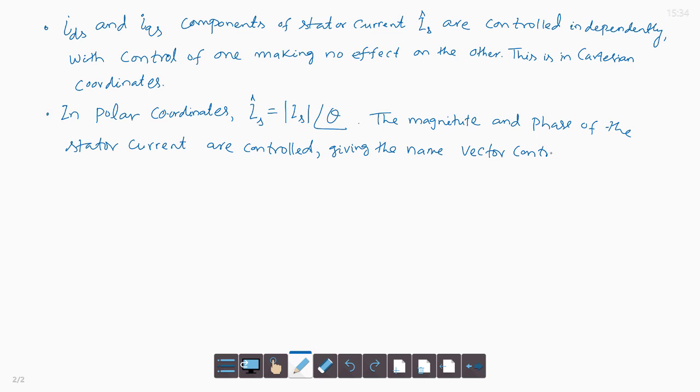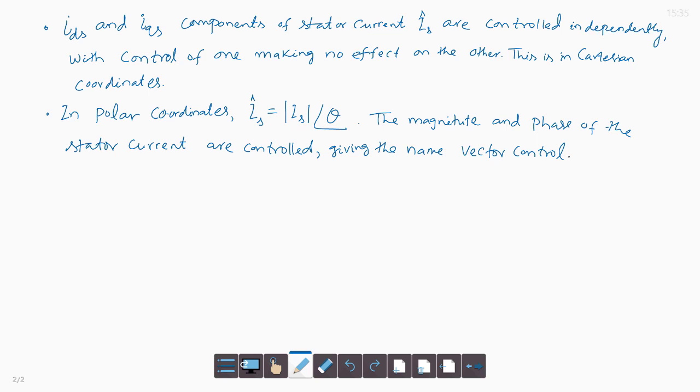Means current is controlled like a vector, its magnitude and phase both are controlled, hence the name is vector control. In scalar control techniques, only the current magnitude is controlled, phase angle is not controlled, hence the name is scalar control, and here it is vector control because both magnitude and phase are controlled. So, current is controlled like a vector.